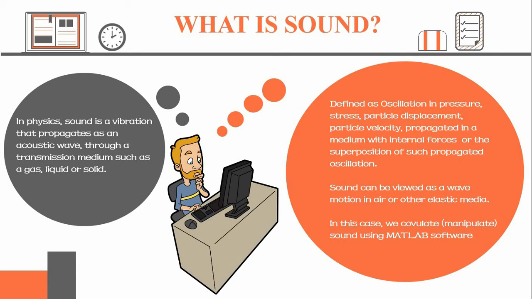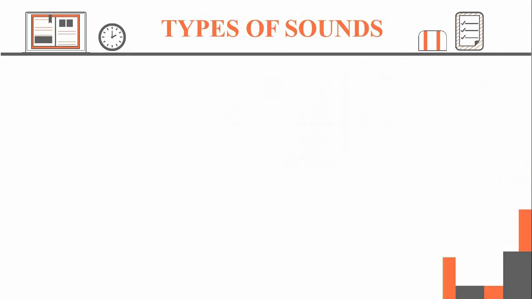Sound is also defined as oscillation in pressure, stress, particle displacement, particle velocity, propagated in a medium with internal forces, or the superposition of such propagated oscillations. Sound can also be viewed as a wave motion in air or other elastic media. In this case, we convolve or manipulate the sound using MATLAB software.